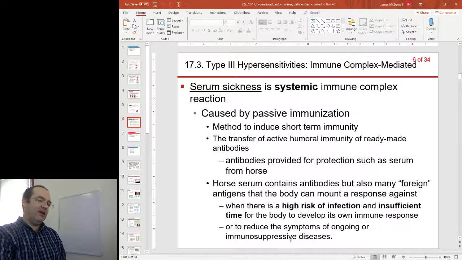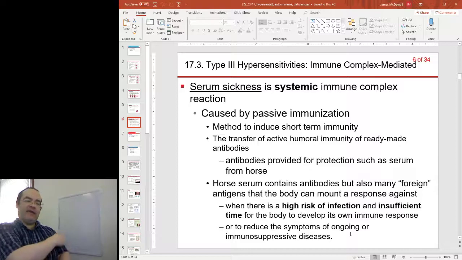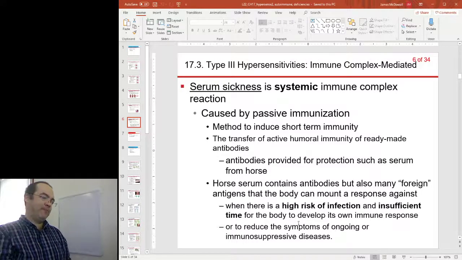It is systemic because the antivenom is spreading all throughout your body, and that means that you can form immune complexes all throughout your body, and then you can target inflammation throughout the body.